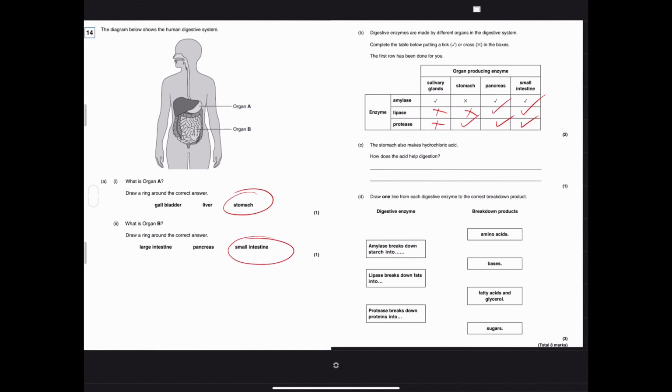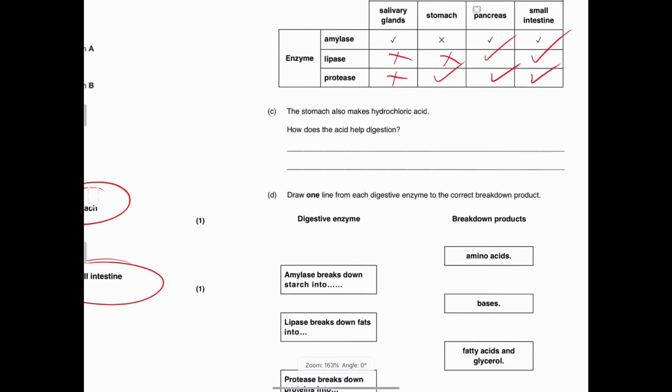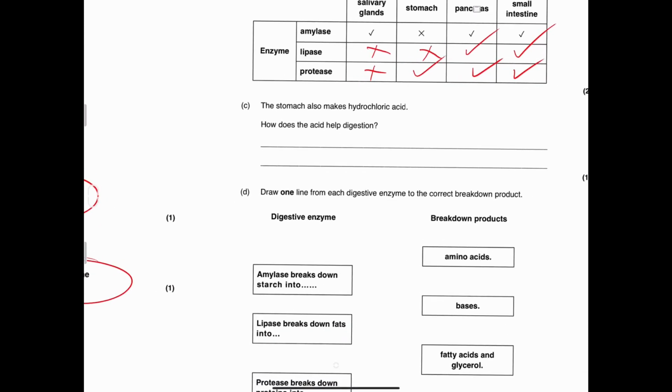It says here, the stomach also makes hydrochloric acid. How does the acid help digestion? And you have to be careful here, because here it's asking you for digestion. Now, we haven't gone over here the conditions for enzyme activity.